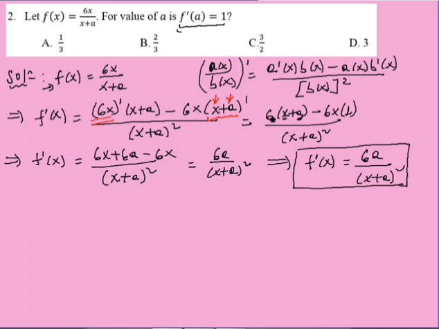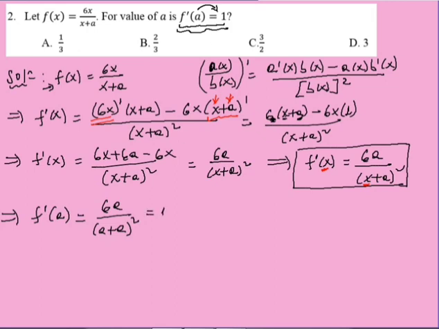But here what is given is f derivative at a. Here in place of x substitute a. Therefore f derivative at a becomes 6a over a plus a the whole square. So f derivative at a is 1.